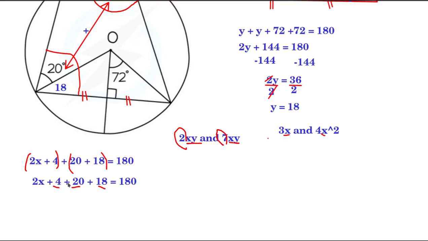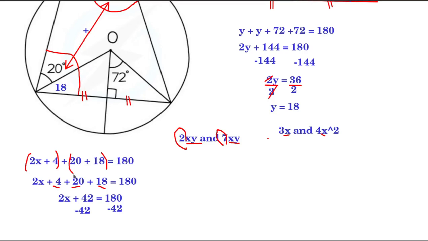So if you add 4 plus 20 plus 18, what do we get? We are getting 42. So here you have 2x plus 42 is equal to 180 degrees. Then from there, subtract 42 on both sides of the equation.